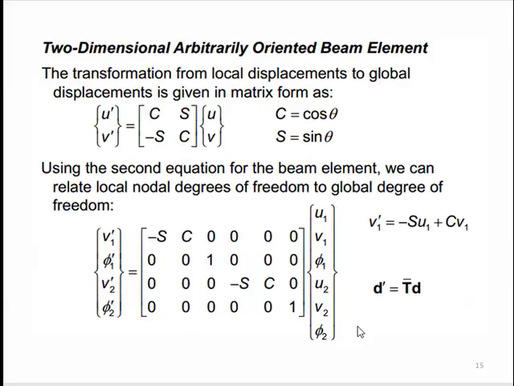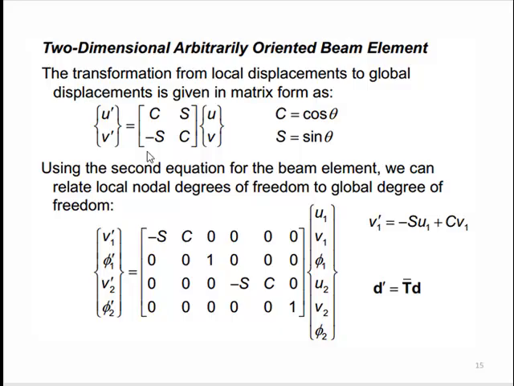Now, the transformation of the displacement that we studied previously when we were talking about the bar element, those relationships are actually true in general. They were not specific to the bar element; rather, they were general relationships. So in this case, if we have to transform the displacement, we can make use of those relationships.